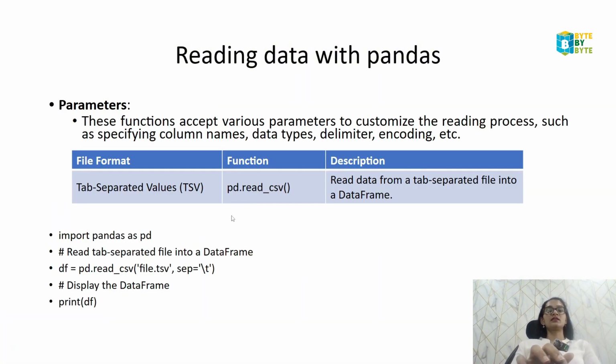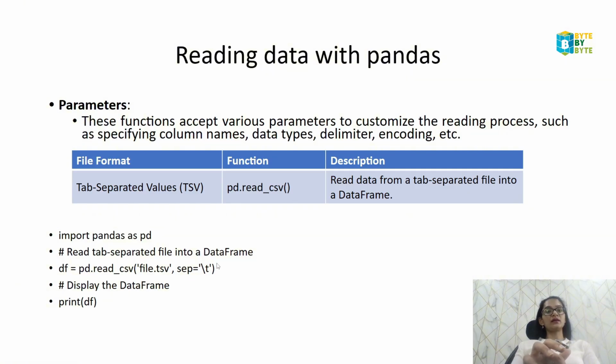Now, CSV means comma separated file. There is also a TSV file, which is nothing but a tab separated file. How can you read a tab separated file? You can use the same function, pd.read_csv.